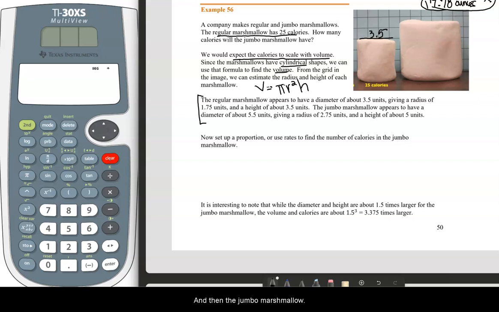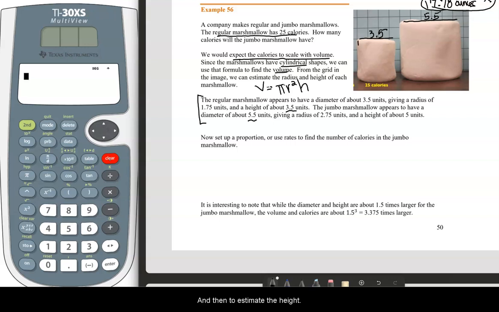And then the jumbo marshmallow going across looks like it has a width of 1, 2, 3, 4, 5.5. So there's our 3.5 for our small one and 5.5 for our large marshmallow.